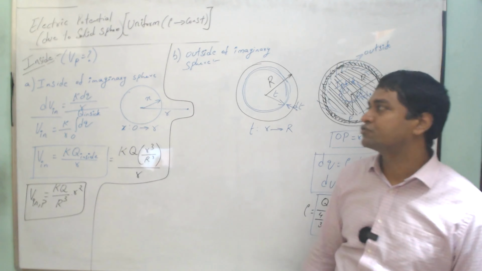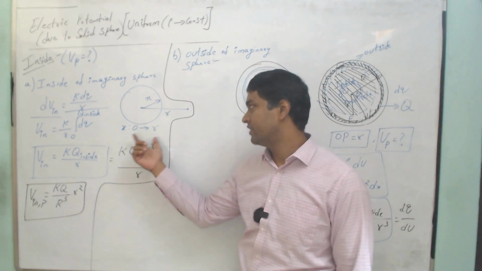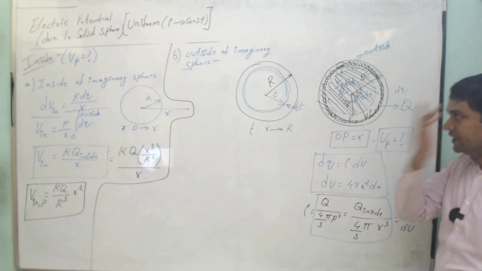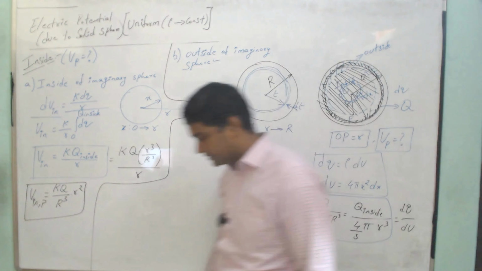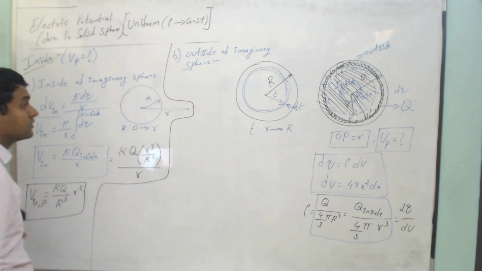So we can choose one variable and define the limits, and by defining the limits, things will automatically set up. Okay, done.